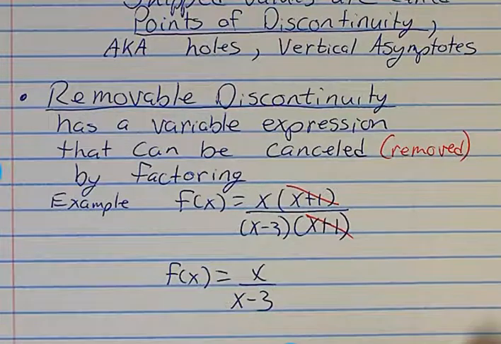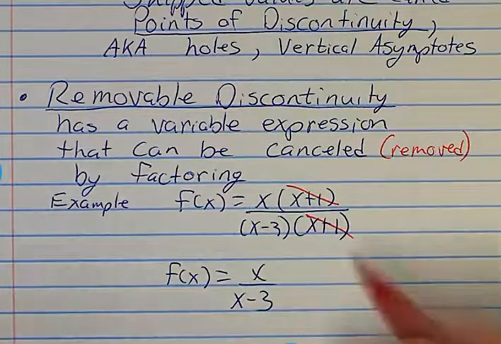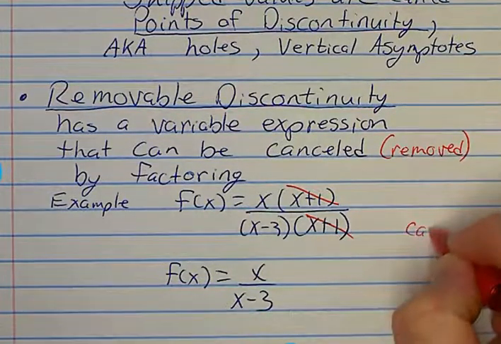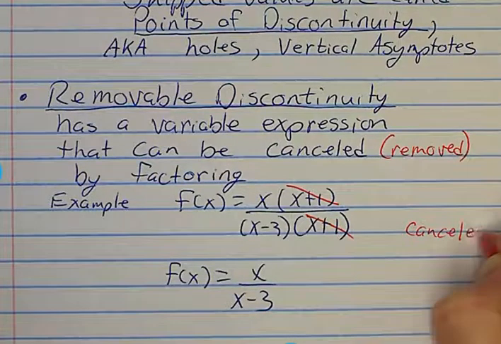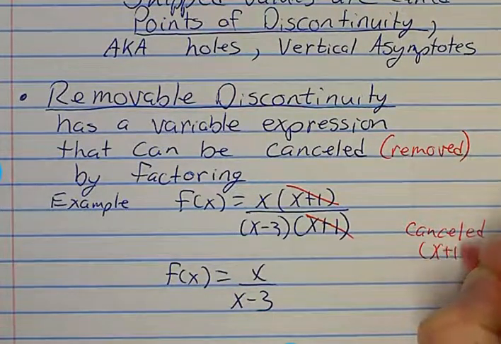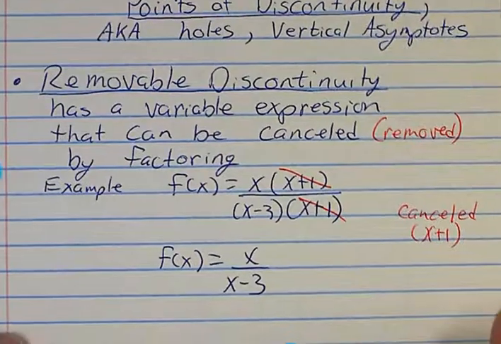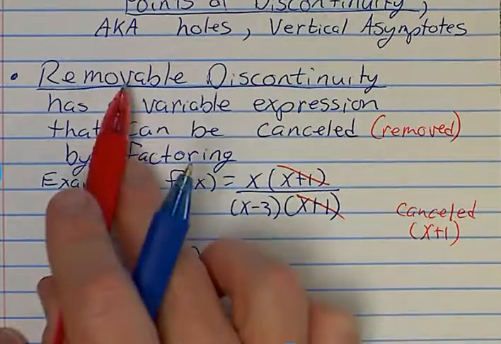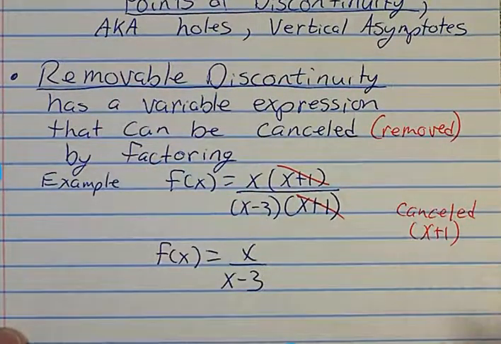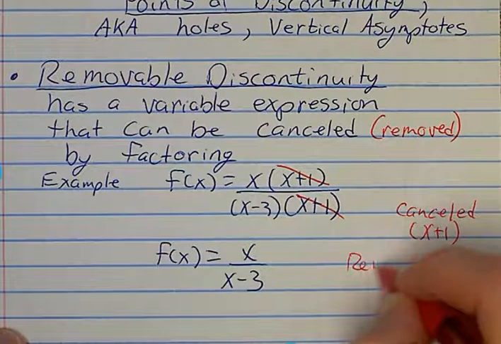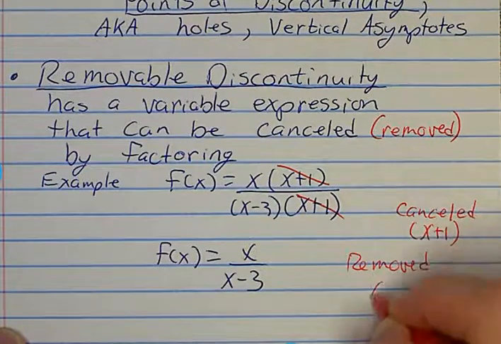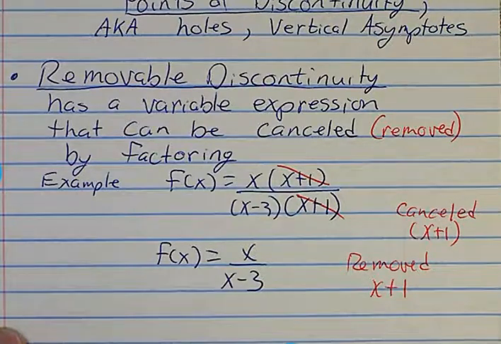And since you canceled out the x plus 1, they're going to say, all right, well, canceling is the same thing as removing. So since we removed x plus 1, we're going to set that equal to 0.